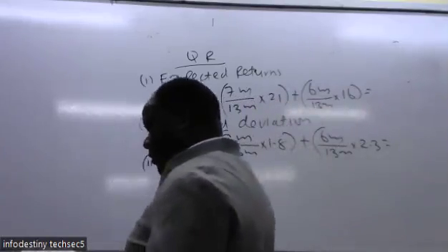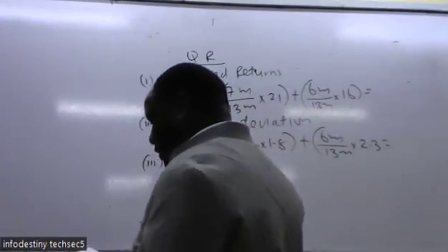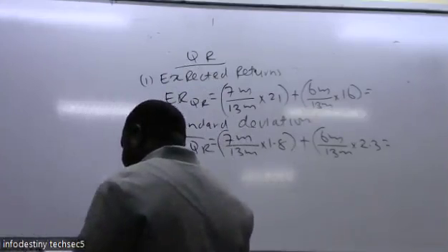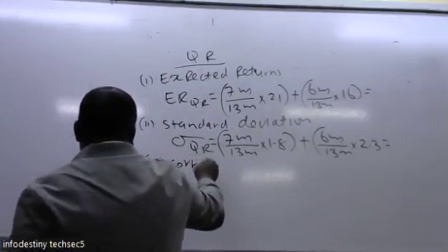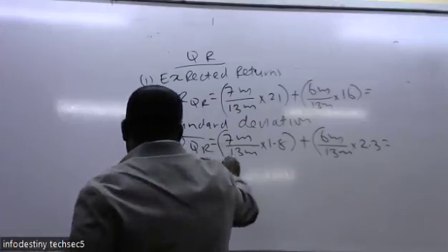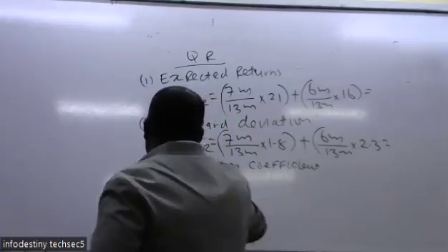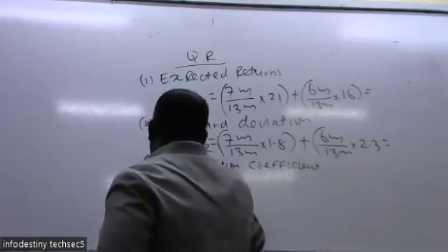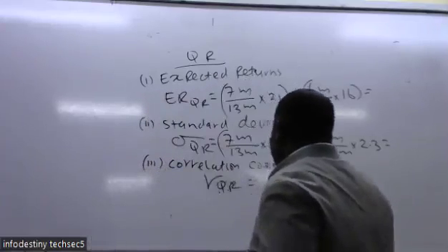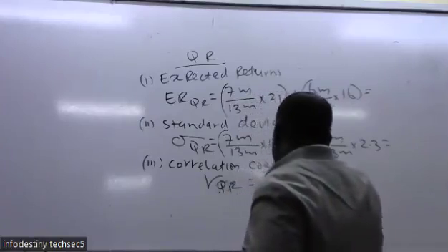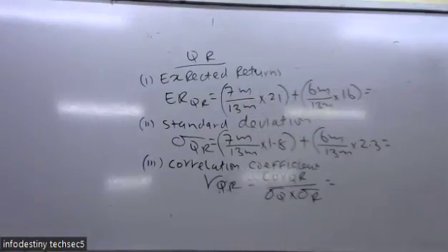To get it, we take the covariance between Q and R, divided by the standard deviation for Q multiplied by the standard deviation for R. What are you given as the covariance? 1.5.